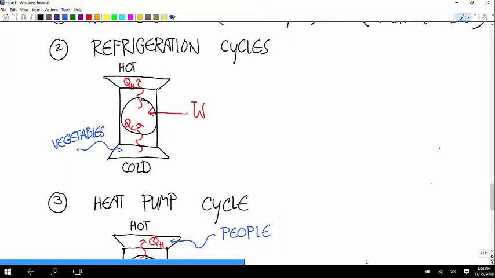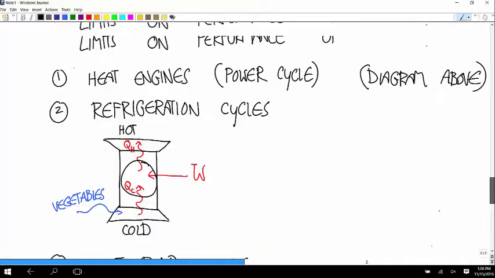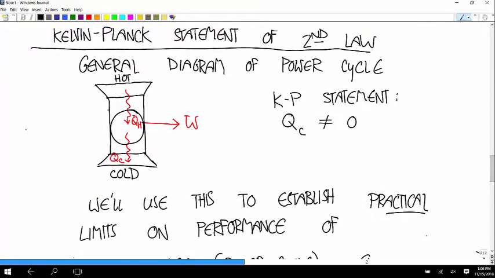You have heat energy going to the hot reservoir from the system, heat energy coming into the system from the cold, and work being done by the surroundings. Each one of those is reversed in the power cycle. So in a power cycle, you're taking heat energy from the hot reservoir, spitting it out to the cold reservoir, and doing work in the process.